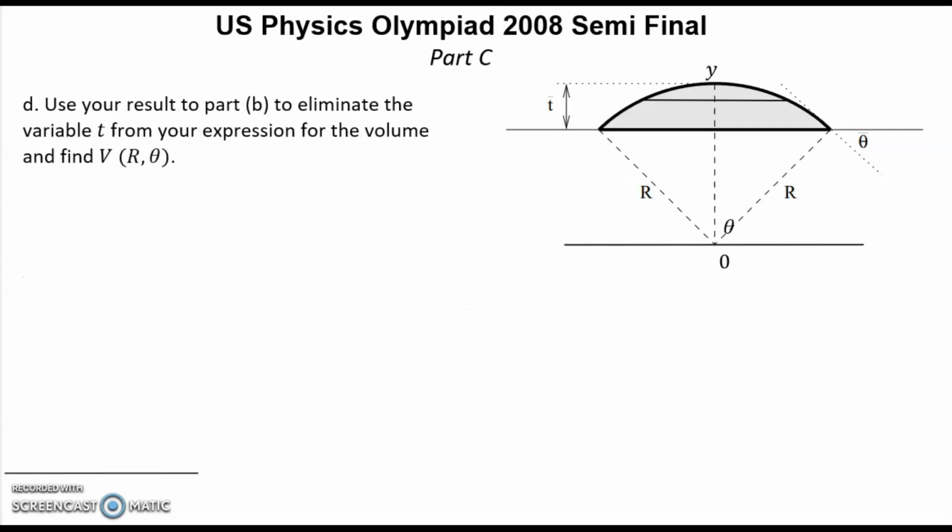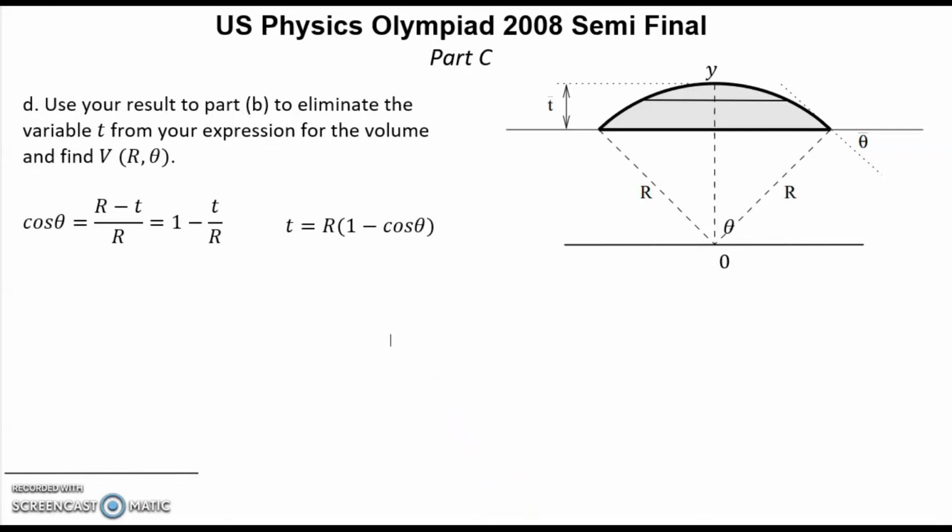Next question, D. Use your result to part B to eliminate variable t from your expression for the volume, and find volume as a function of radius and theta. In part B, we already found that cosine theta equals 1 minus t over r. From this formula, we can find that t can be expressed through radius and theta this way. Thickness t equals r multiplied by 1 minus cosine theta.